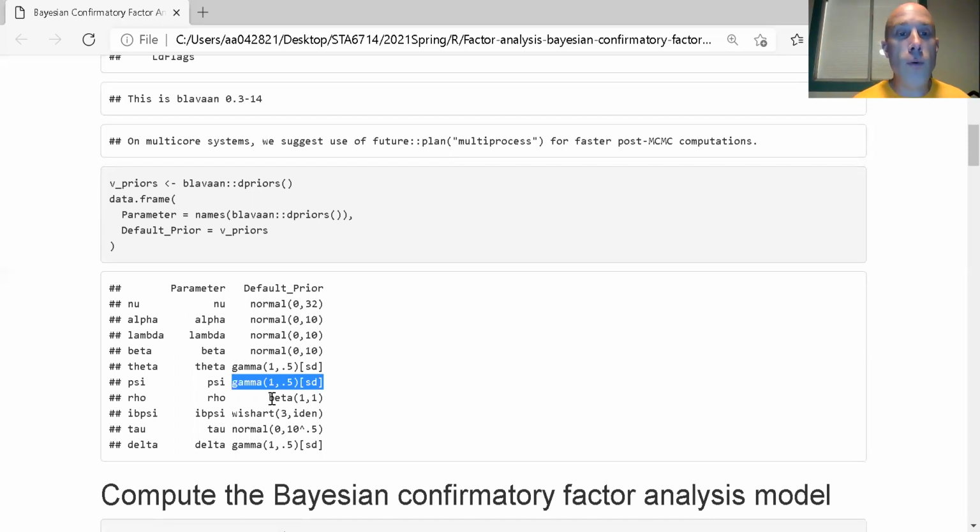Now for rho, this is the beta 1, 1, which is the uniform distribution. Now here for the correlation matrices, we have Wishart. And then for tau, we have normal distribution. And then delta, once again, we have a standard deviation distribution for gamma.